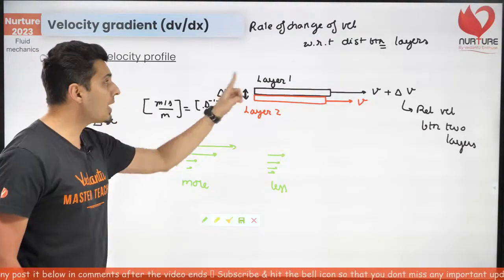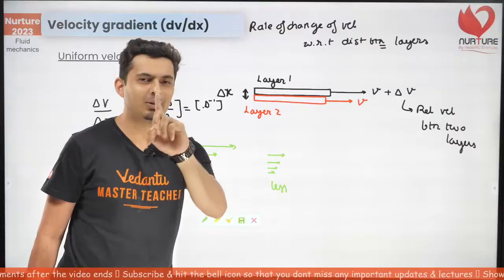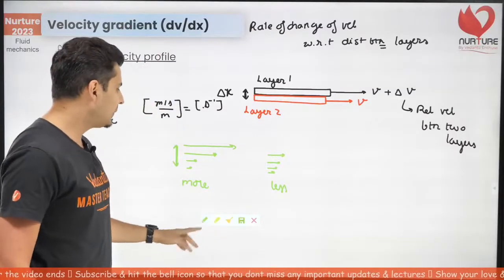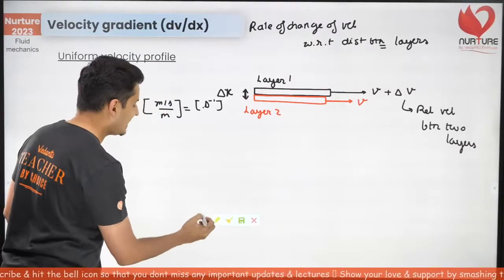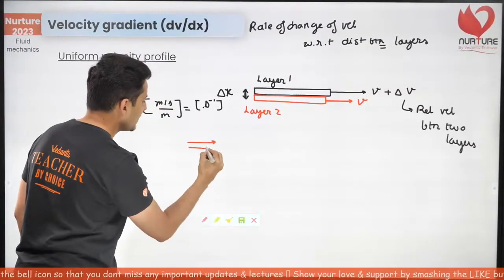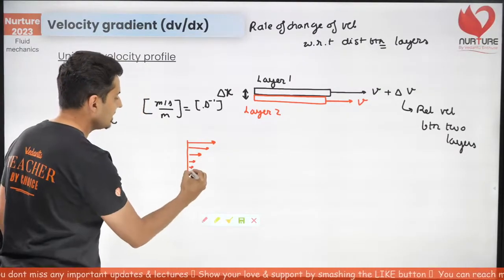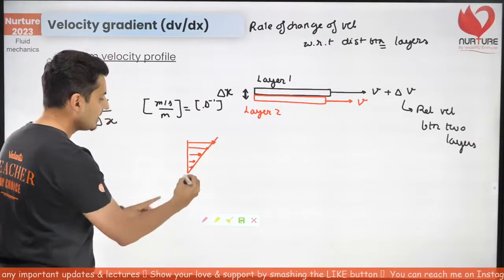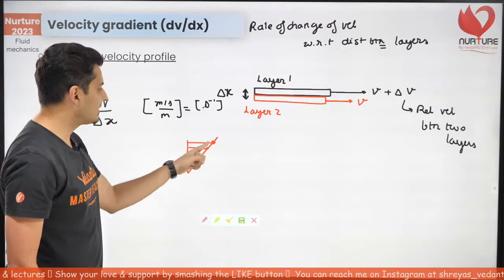Now there are two kinds of velocity gradient, but you should be very happy, in JEE we have only the first kind. Now what are the two types of velocity gradients? One is where the velocity changes uniformly, meaning if you connect all these arrow marks, it becomes a straight line.